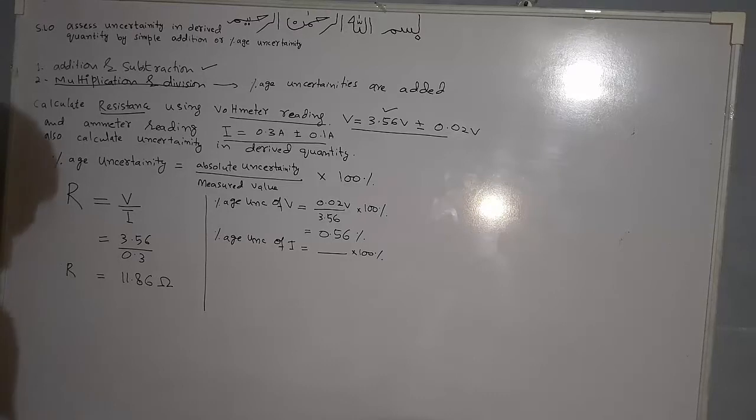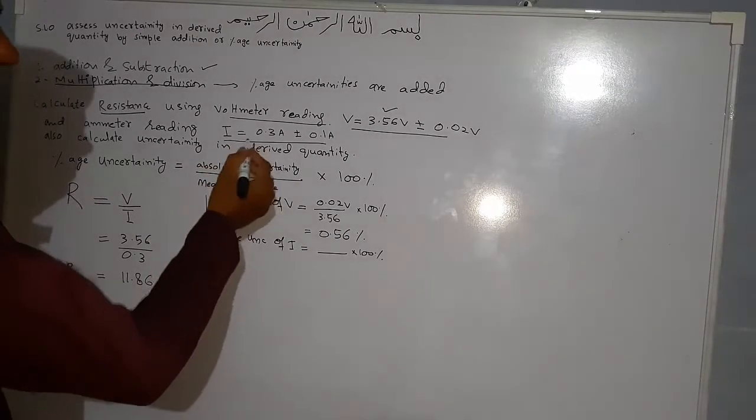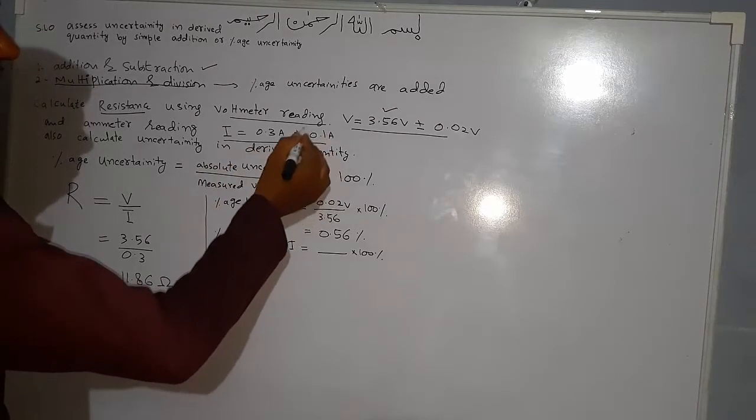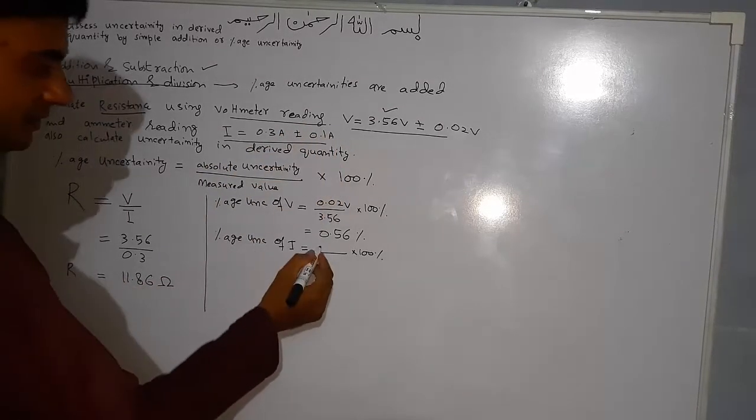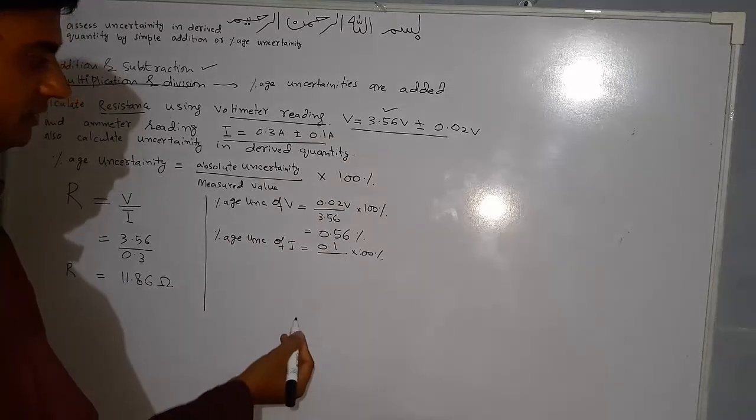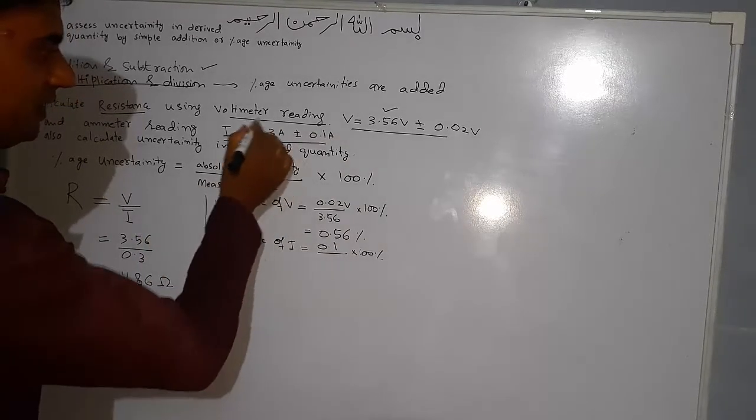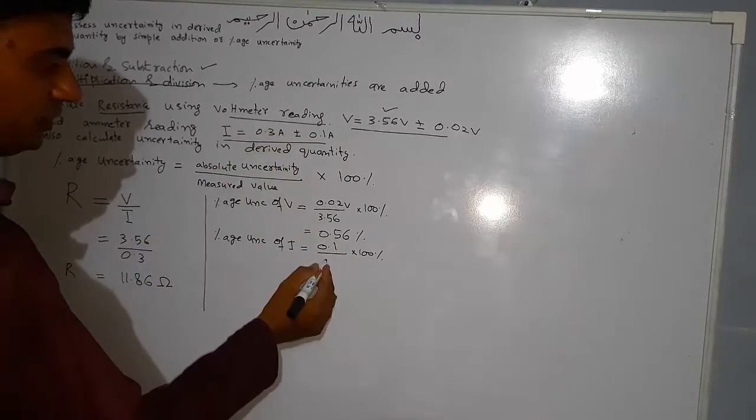So, what is the absolute uncertainty in the case of measuring current by the ammeter? Absolute uncertainty will be 0.1. 0.1 divided by the measured value by the ammeter, that is 0.3.